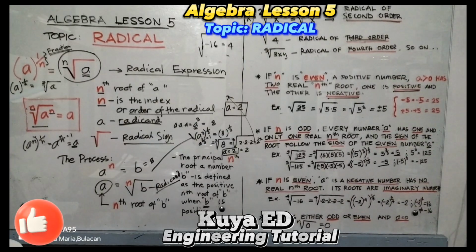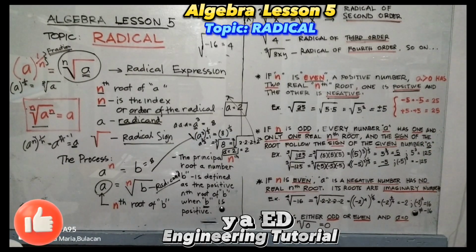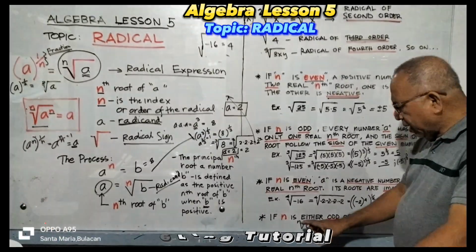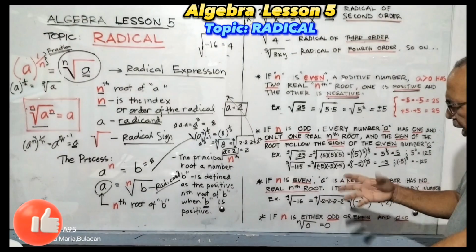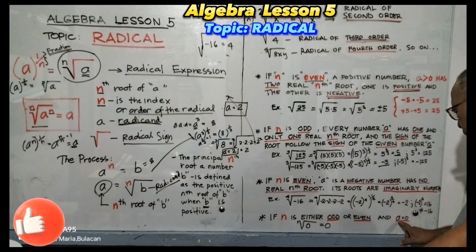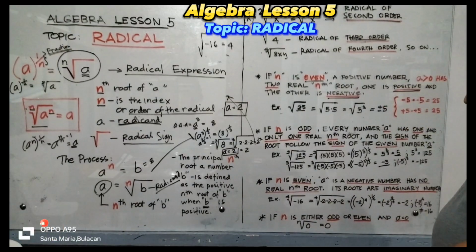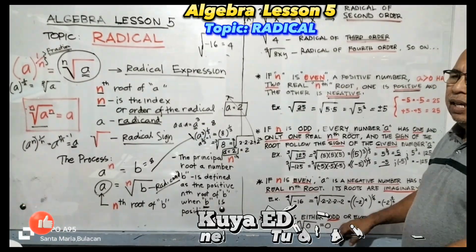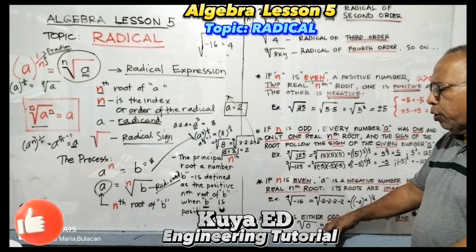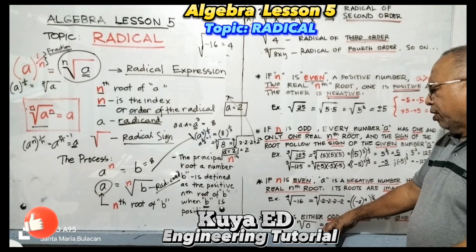Kaya nga sabi natin, it has what we call imaginary number. Okay, so another thing is, if n is either odd or even, miski odd or even, tapos ang number natin ay 0, so ang sagot ay 0. No? So, I hope na ito pong radical ay maintindihan natin yung basic or foundational considerations.